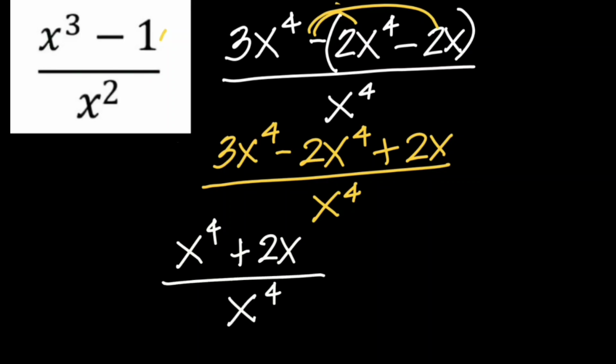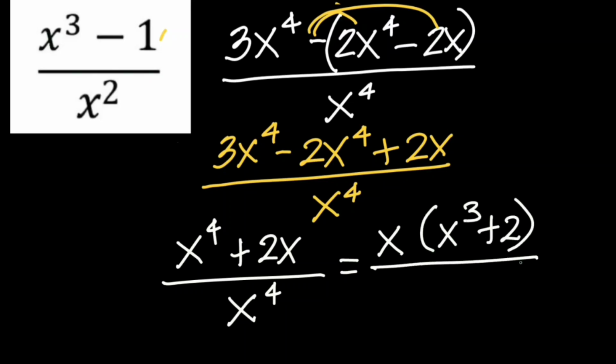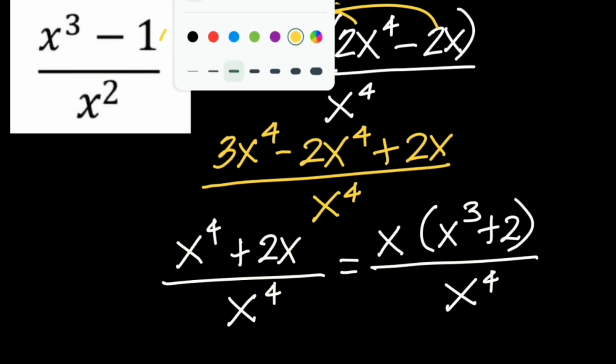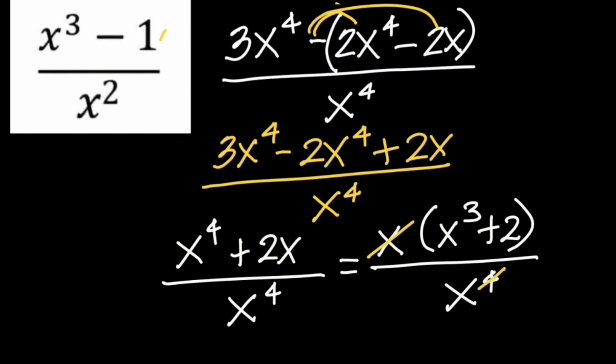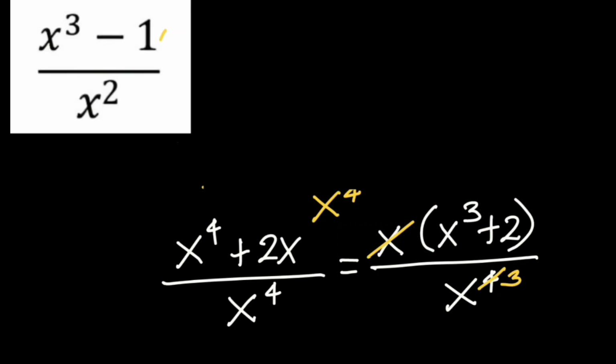Then we can further simplify the numerator because it has a common factor, which is x, so we can factor out x. So this would become x times x cubed plus 2 over x to the 4th. Then x here cancels out, so we will only be left with x cubed in the denominator. Then this would become x cubed plus 2 over x cubed.